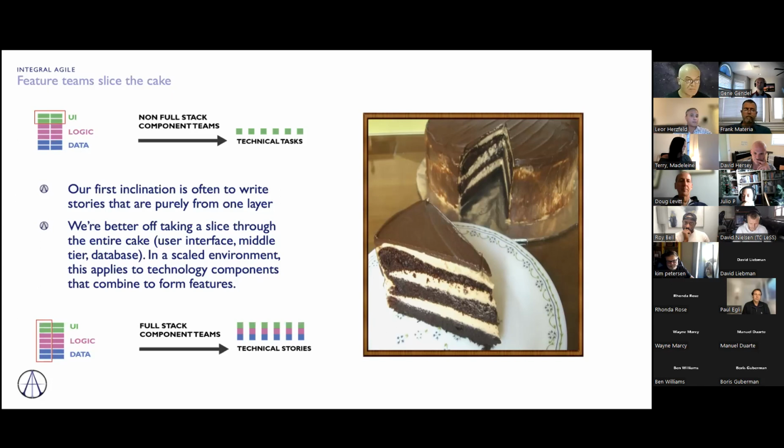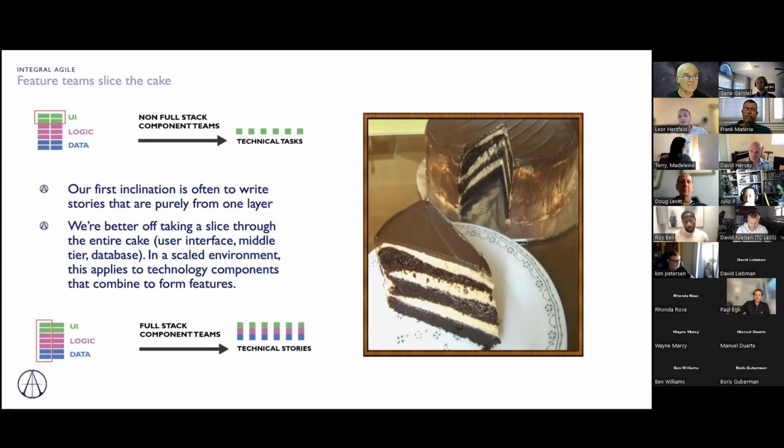If you're on a team that is only capable of doing the UI element, a front-end team or a back-end team only, what they're outputting in their sprints is what we would define as a technical task. It's not a user story because it doesn't deliver value. It's not independent, if we remember our INVEST mnemonic. So it's an easier thing to do, but it doesn't get us the kind of value that we're looking for.